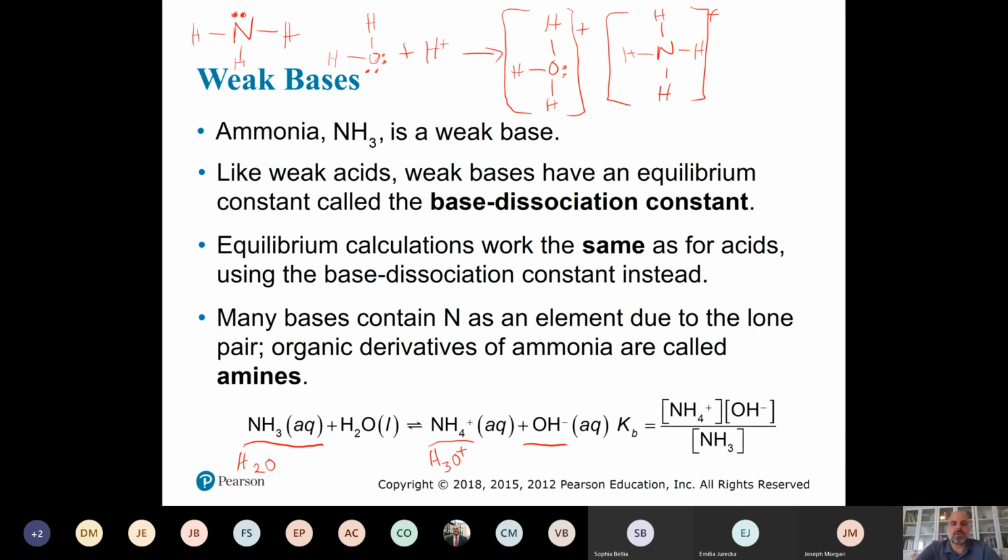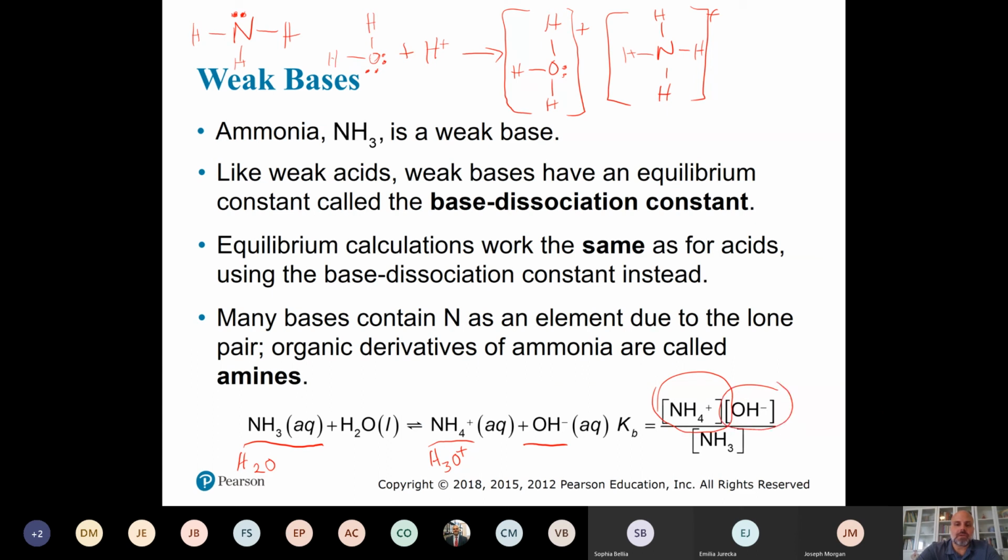So you can see the difference between the two. Don't overthink what's going on here. It's the exact same type of reaction. The only difference is that instead of the hydronium, we have an ammonium ion in our Kb equation and a hydroxide.